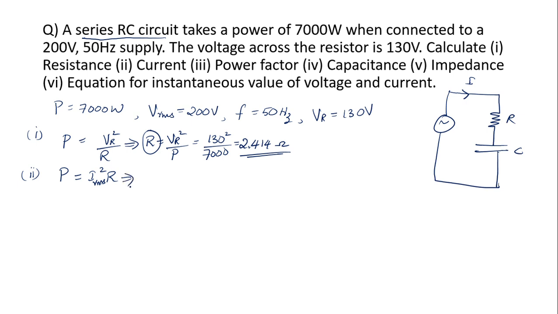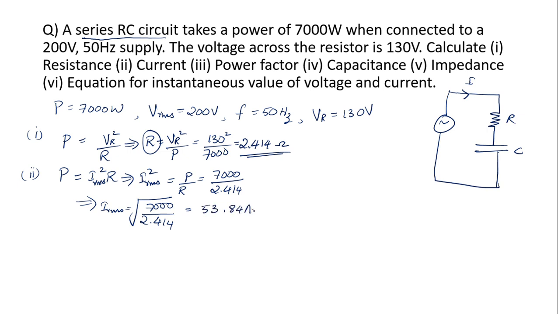You already know the value of resistance, so IRMS squared is equal to P by R, that is 7000 divided by 2.414. So IRMS is equal to the root of 7000 divided by 2.414, and on solving you will get the current as 53.84 amperes. So you have got the value of the current.